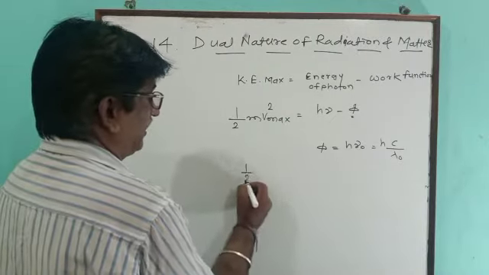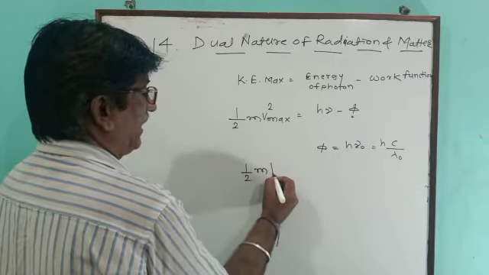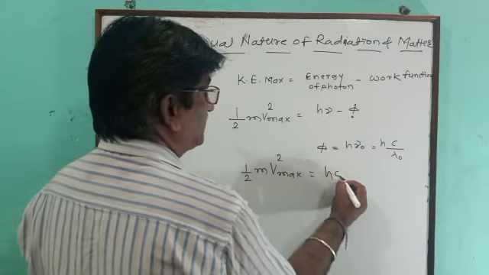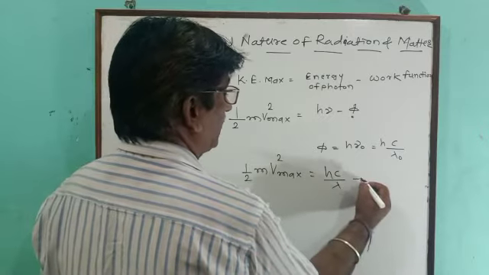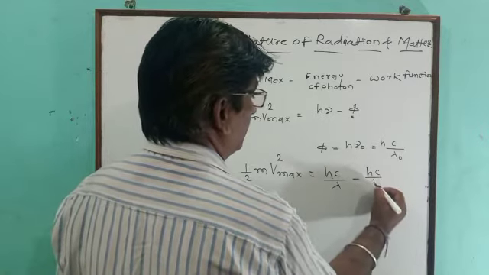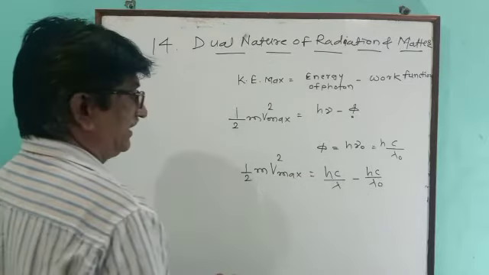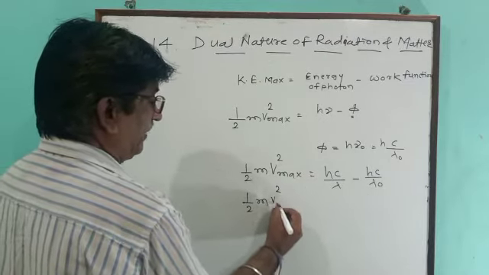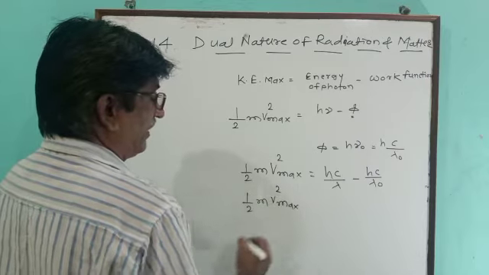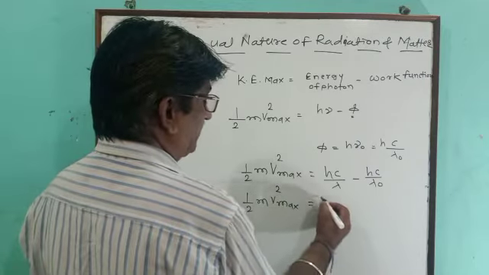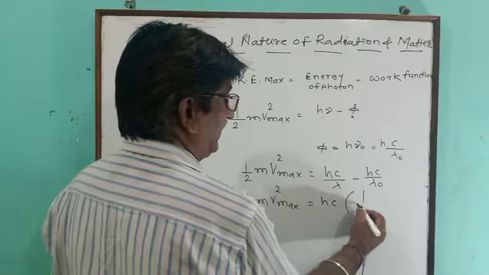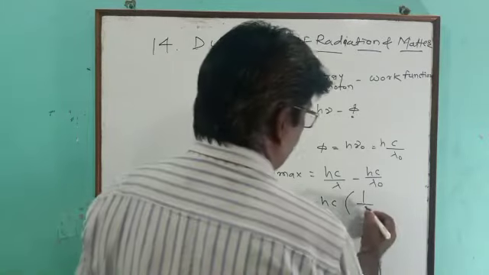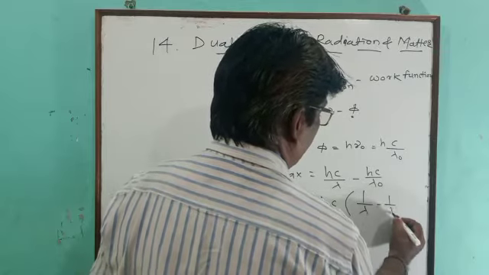So the equation will be half m v square maximum is equal to hc upon lambda minus hc upon lambda 0. And finally the equation will be half m v square maximum is equal to hc in bracket 1 upon lambda minus 1 upon lambda 0.